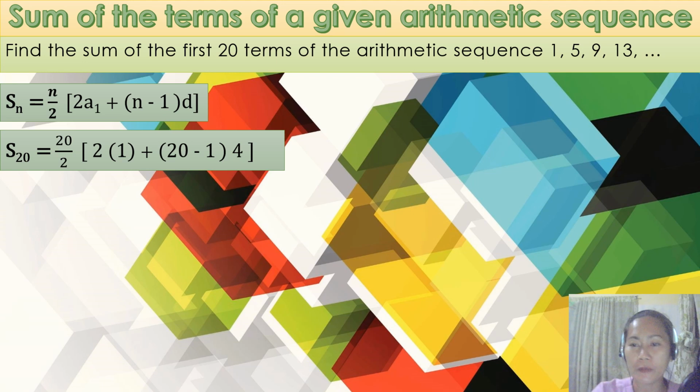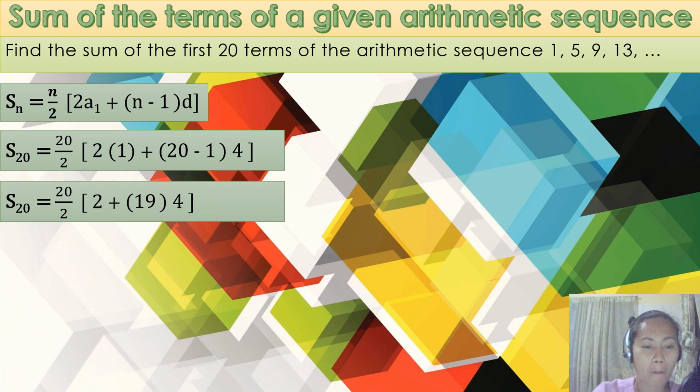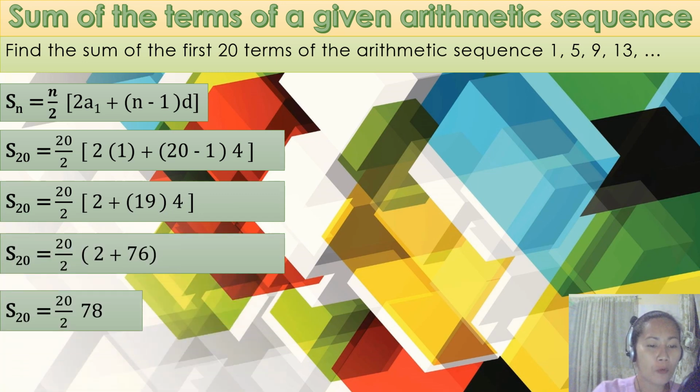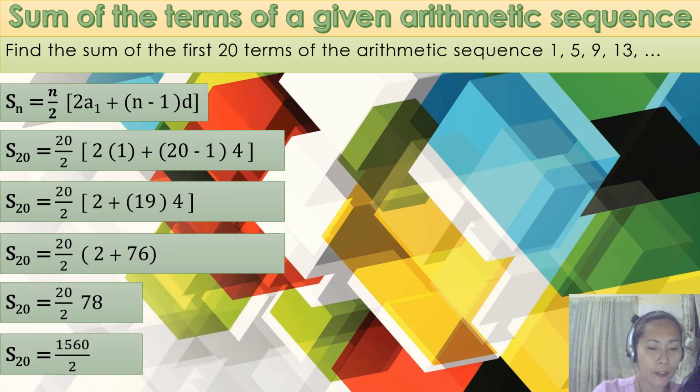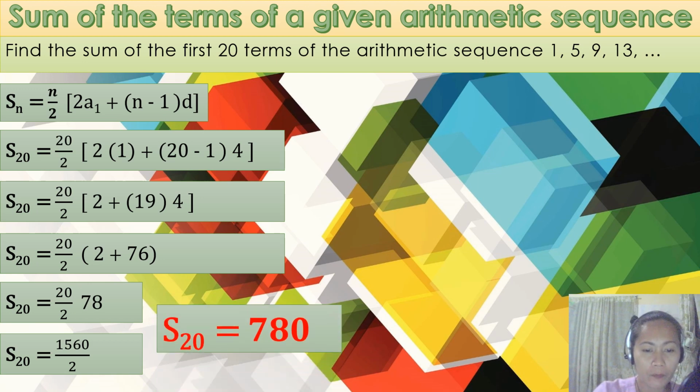And then we substitute and simplify. 20 over 2 times 2 times 1 plus 20 minus 1 times 4. And then we will get the final answer, 1,560 divided by 2. So the sum of the first 20 terms of the arithmetic sequence is 780.